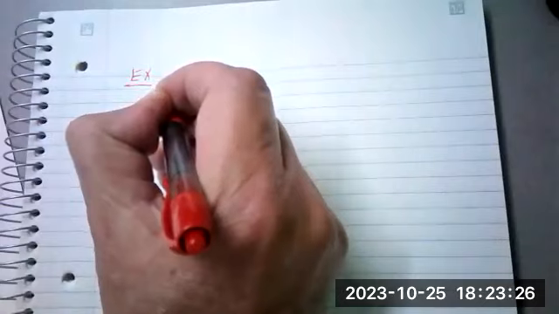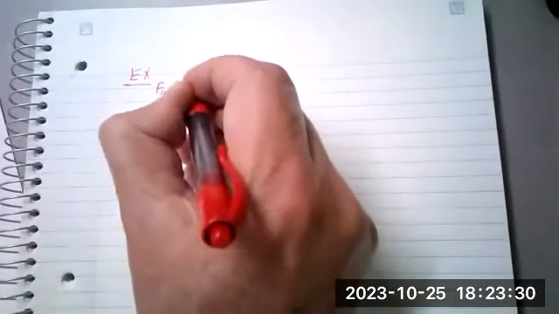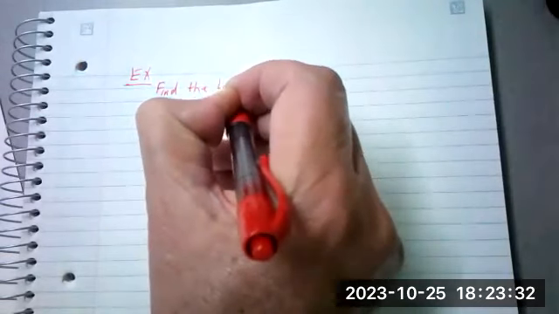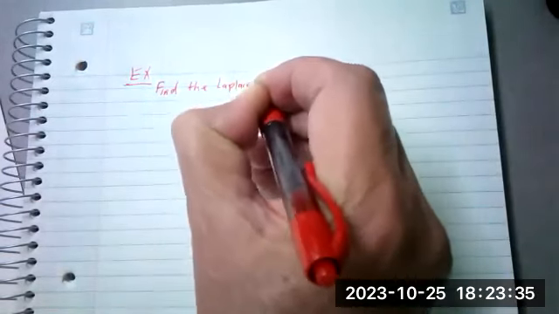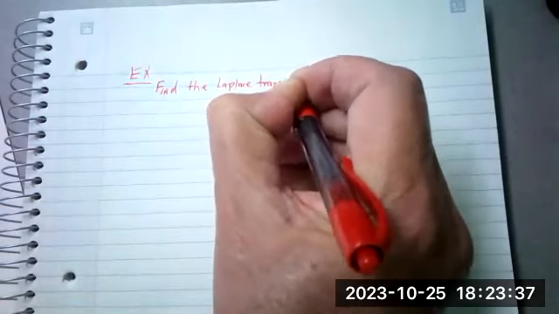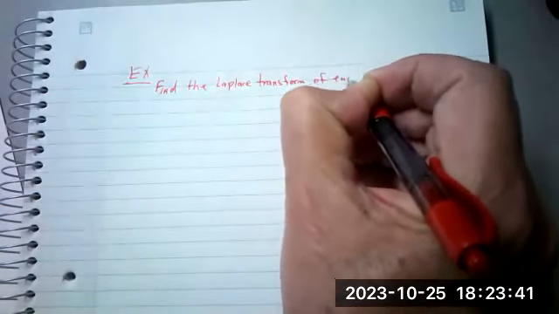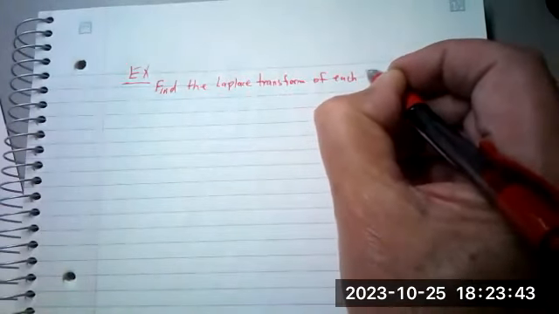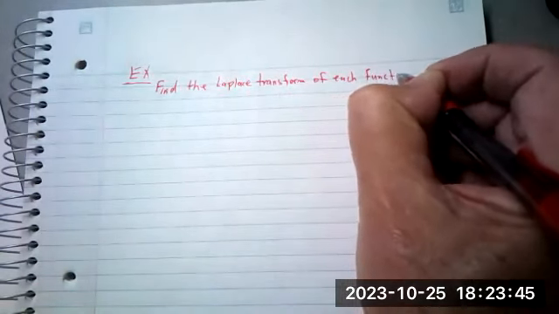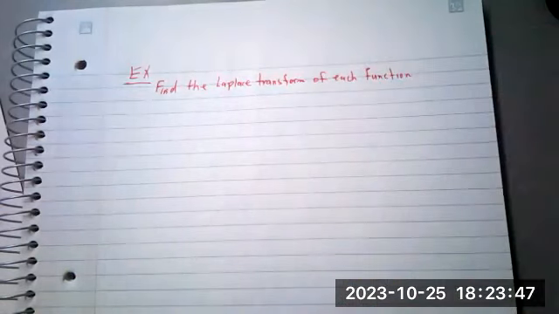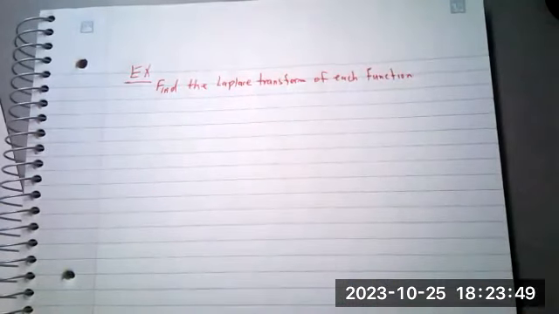We want to find the Laplace transform of each function. Just do a couple of them, then I give you the formula for all of them. They give you different notation; most of the time the notation is going to be in this form.